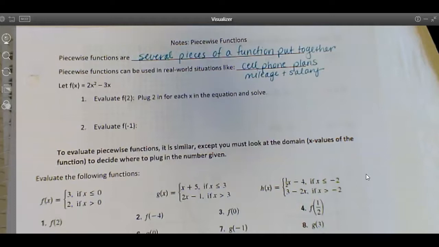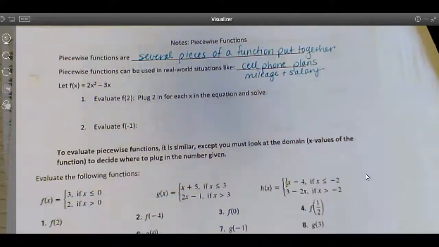But if you go over your data, it's like 3 cents for every gigabyte or something like that. That's a piecewise function because at first it's just this standard price, but then at a certain point it changes and the price starts going up after a certain point because of going over the data. So that particular function would be like flat, and then it would go up like that, and that's a piecewise function.